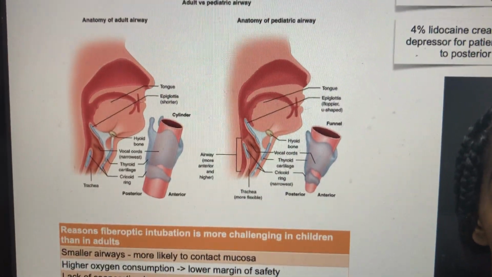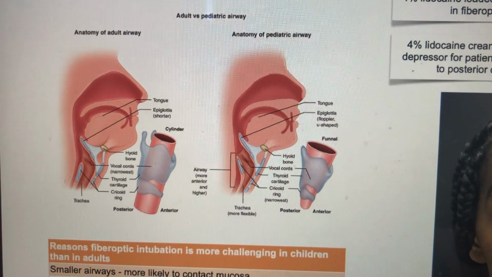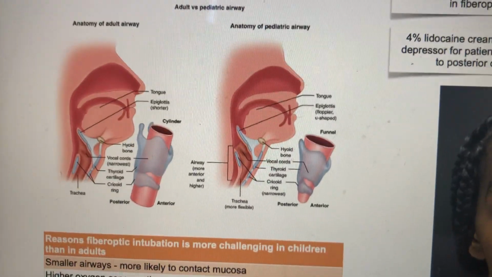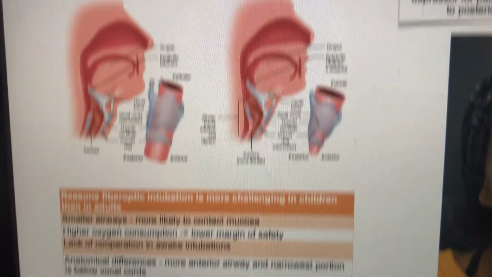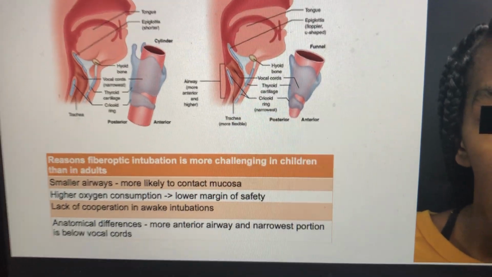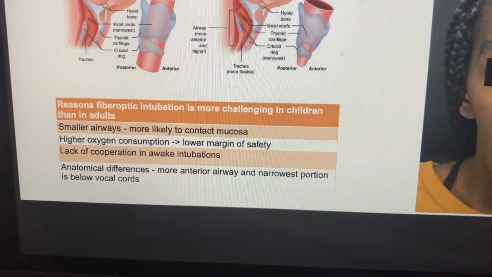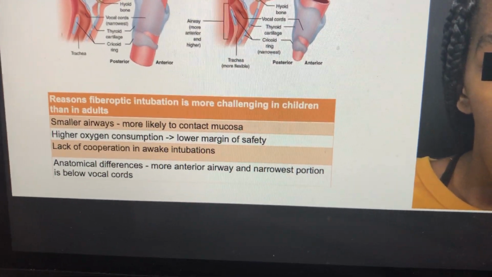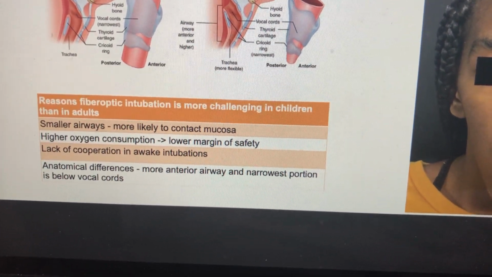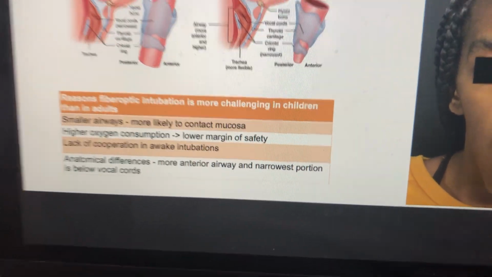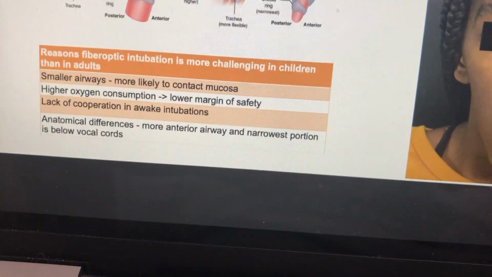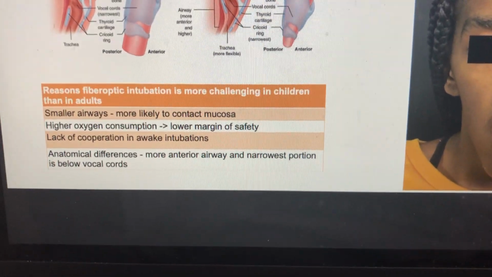Also, children tend to have trachea that are more anterior than their adult counterparts. In general, kids have smaller airways, which means that when performing a fiber optic intubation, you're more likely to contact the mucosa, which can obviously make fiber optic intubation much more challenging.